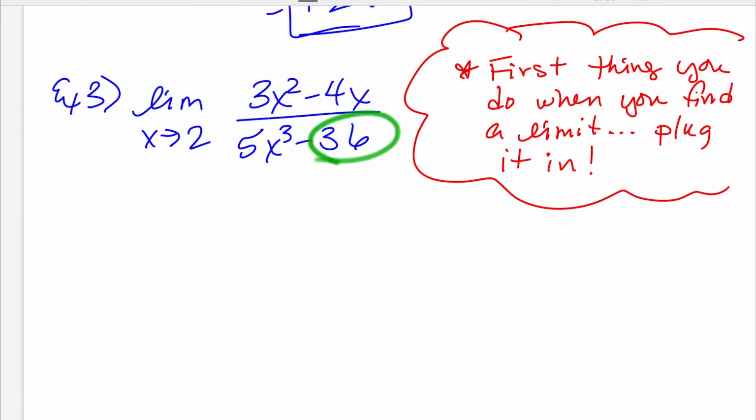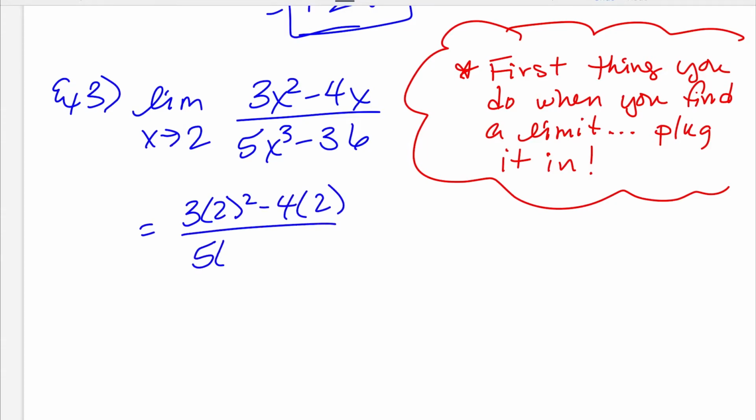Well, that's just a number. But what we're looking at is this 2 plugs in. That's it. Instead of breaking up this whole thing, literally just plug it in. Oh, the big mystery behind a limit. You plug it in. So this is going to be 3 times 2 squared minus 4 times 2 over 5 times 2 cubed minus 36. That is what you're doing.